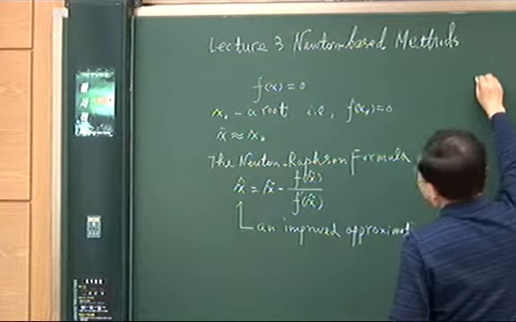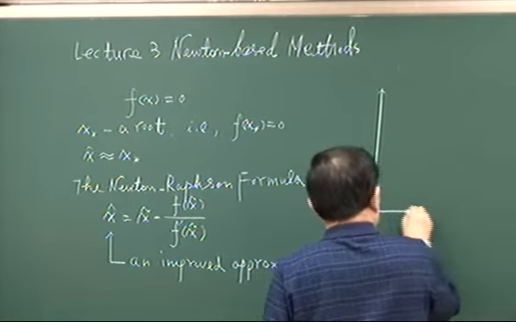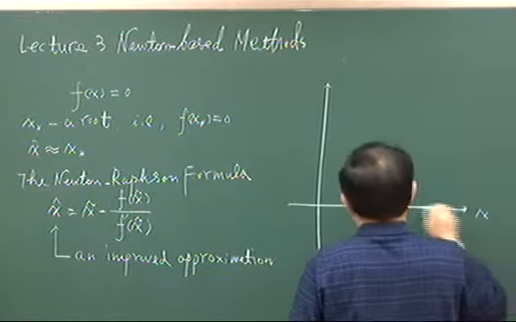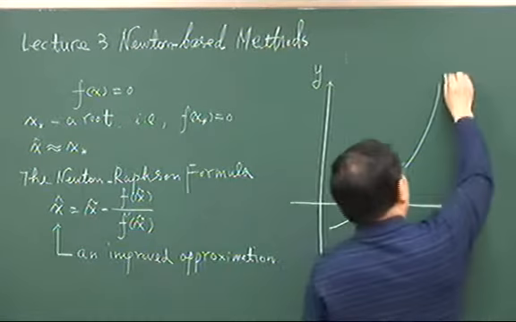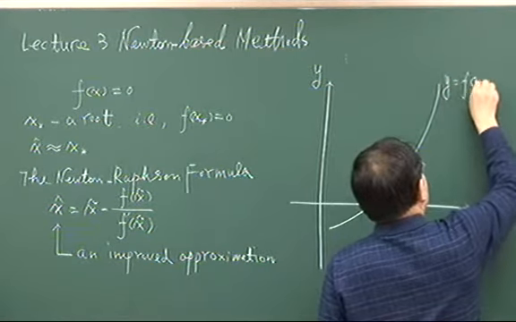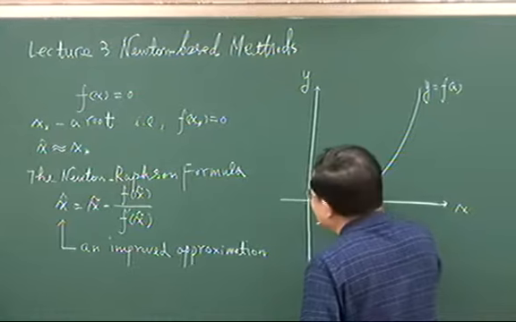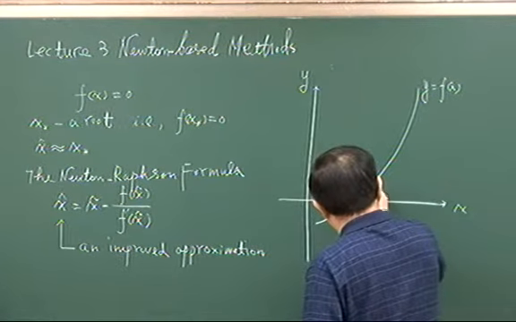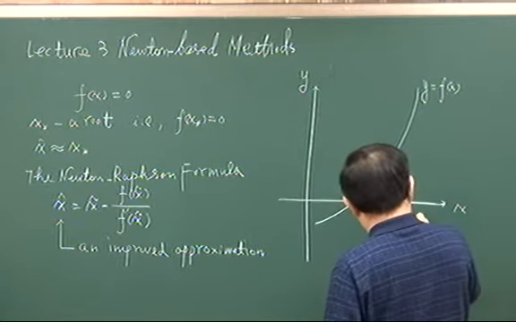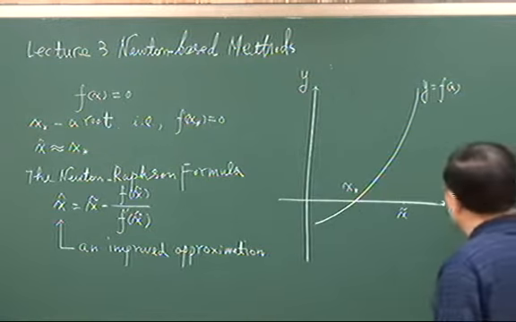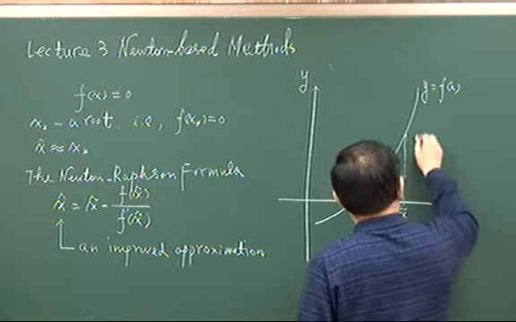We draw a picture. You see that. This is x, y. If we have y equal to f(x), this is just the root. We have an approximation. Suppose it's here. Here is x.